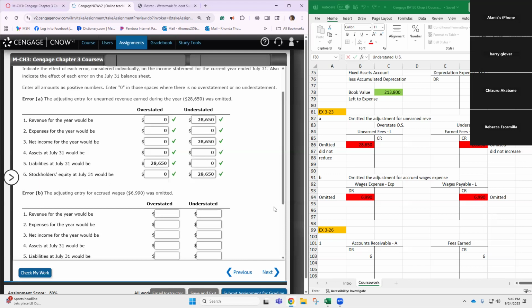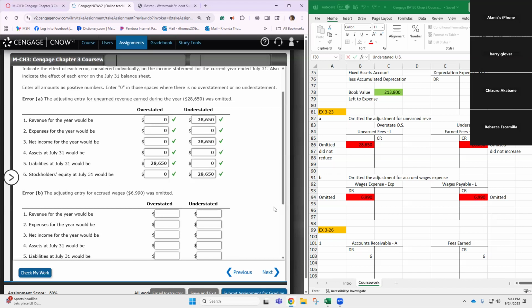So now let's do the under and over analysis. One more time, we didn't do it, so this expense account doesn't have enough in it. If it's not enough, it is what? Understated. Say it out loud. If we forgot to make this liability go up, this liability is understated.